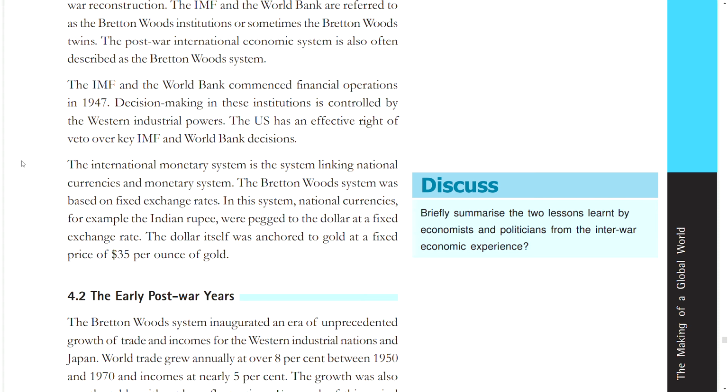The US has an effective right of veto over key IMF and World Bank decisions.